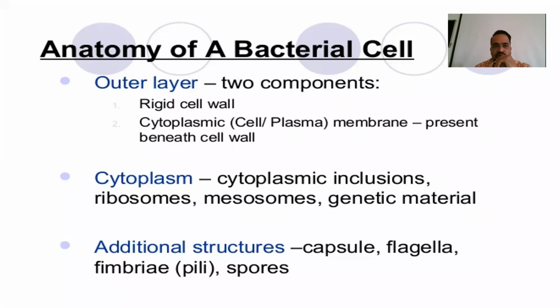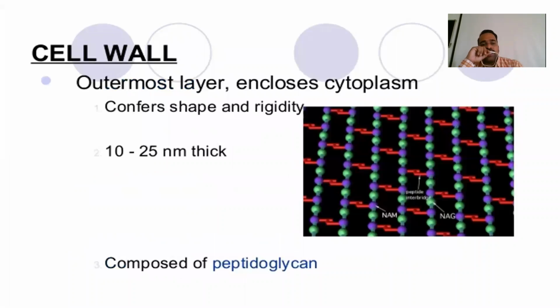Now one by one, in detail, we will look at the importance of those components, starting with the cell wall. What is the cell wall? It is the outermost layer enclosing the cytoplasm. This is the chemical structure of the cell wall. You can see how the peptide bonding is present between two cells.